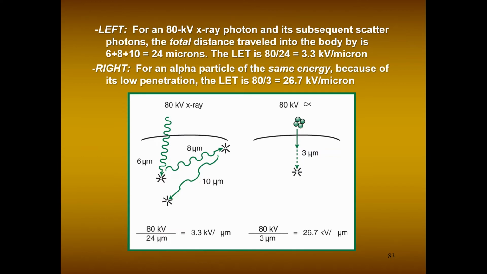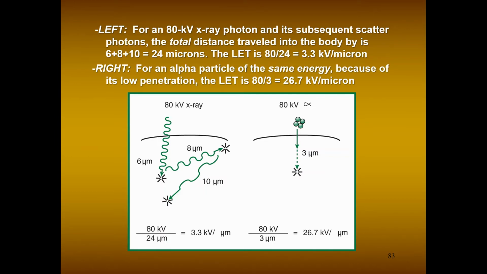The equivalent energy alpha particle has no scatter events in this case, and deposits all of its energy within 3 micrometers of traveling through the body. One reason why we can't use alpha particles for diagnostic radiography is because they don't travel very far through the body. They dump all of their energy very, very quickly.